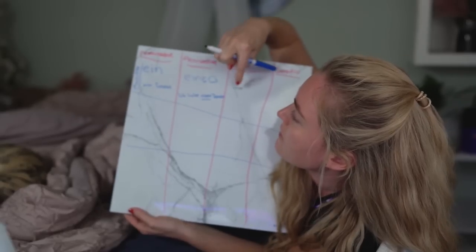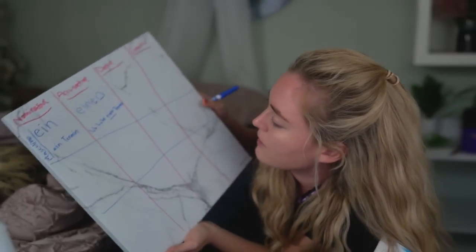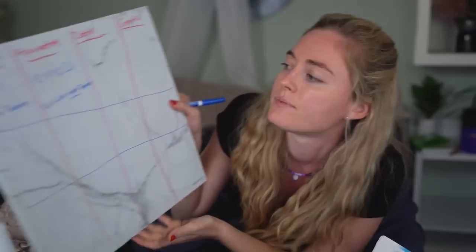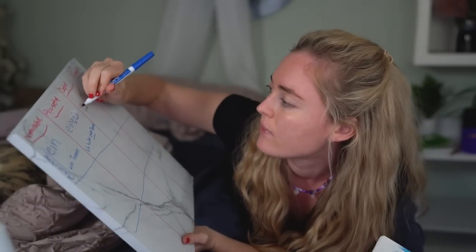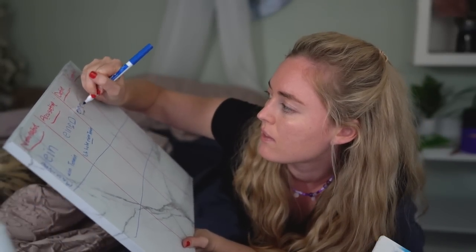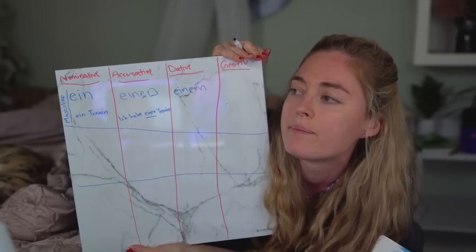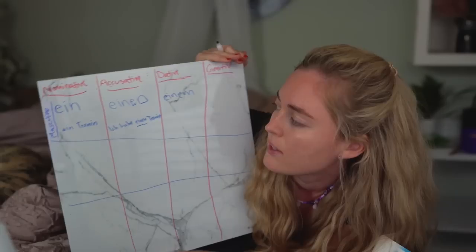And then dative is like, oh, I'm so not good at examples and stuff like that. But if it's masculine, it's going to be einem with an M. Einem.